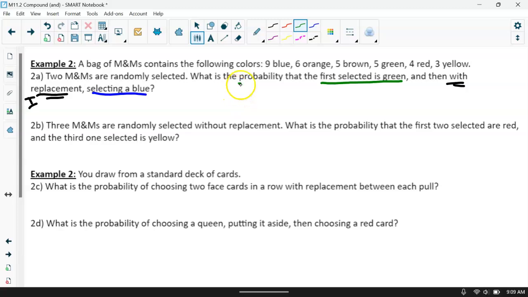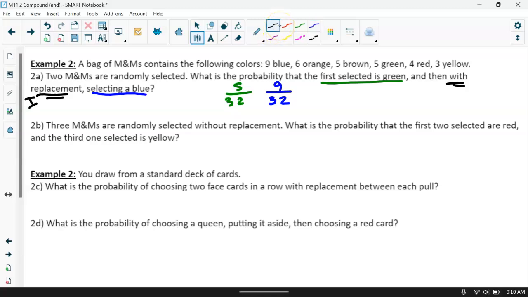Well, the green is 5 out of, how many M&Ms are in the bag? 32. Then what is the probability, with replacement, so it's still out of our 32, that you get a blue? There are 9 out of the 32.